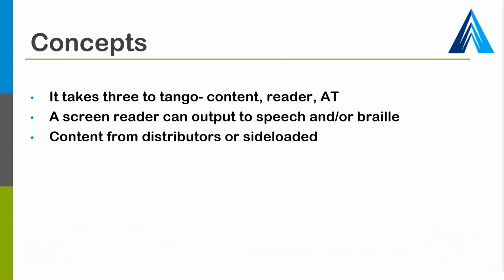So the screen reader will create a model of the information and put it into a buffer that it accesses and presents to the person. And it builds this buffer using the information that's in the ebook itself.